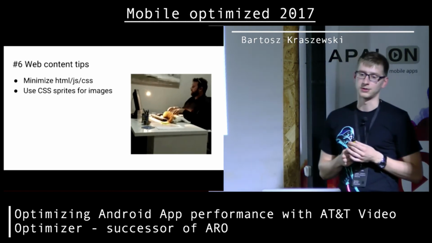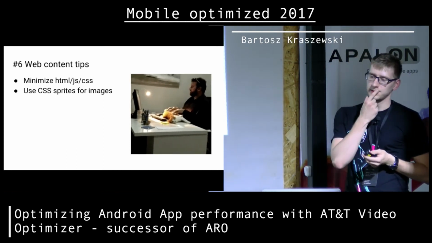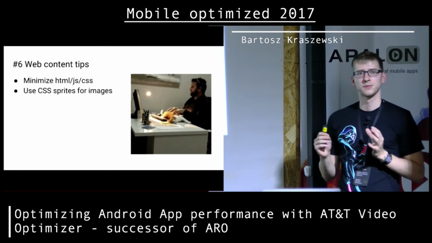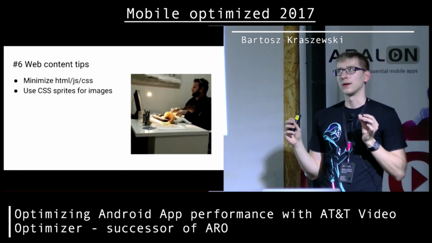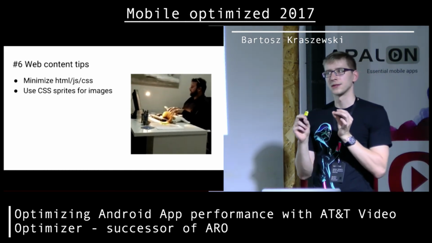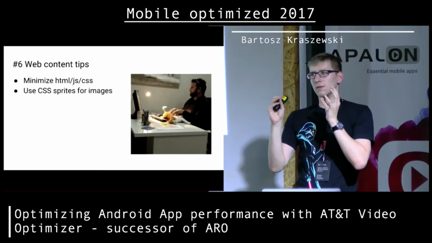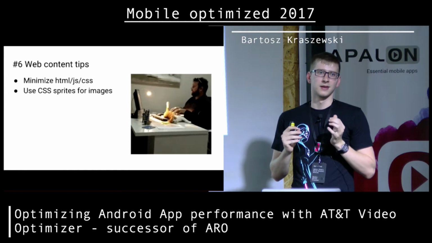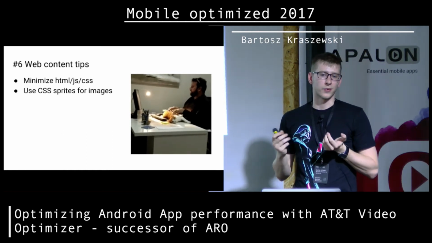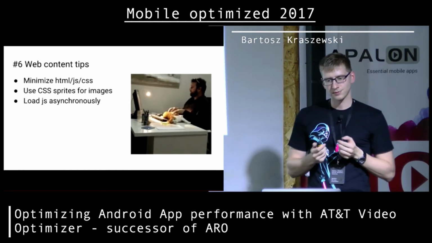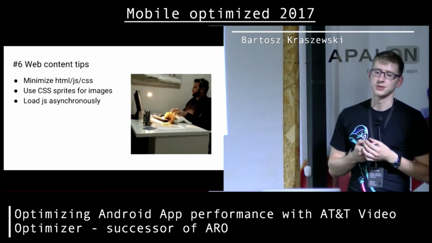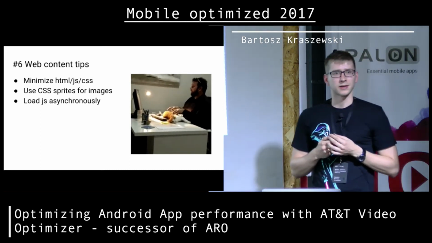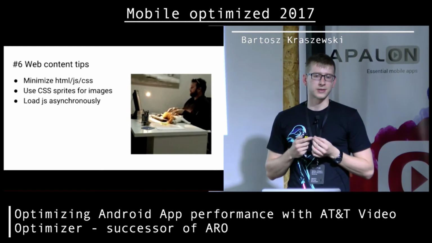Another cool tip is using CSS sprites. A CSS sprite is when all the images from web content are moved into one big picture and downloaded only once, instead of making tons of requests. Another potential issue is loading JavaScript files asynchronously.